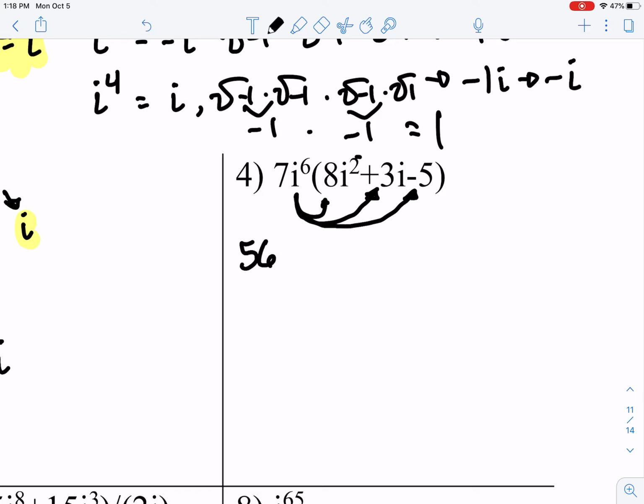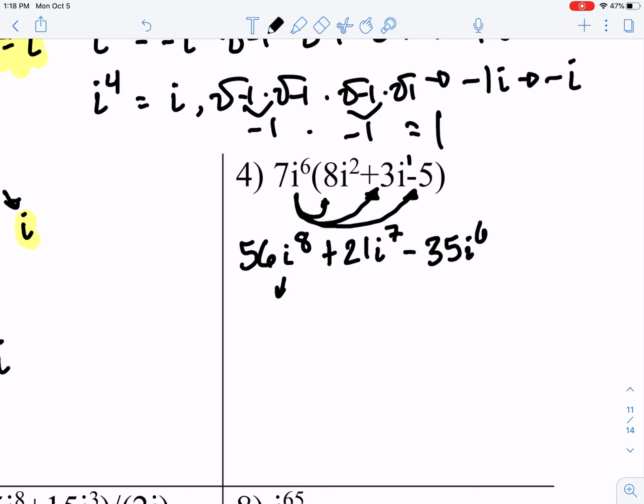I to the 6 times I squared. I have to remember properties of exponents. I to the 8th. 7 times 3 is 21. I to the 6th times I to the 1st. Multiplying properties of exponents tells me to add them. Minus 5 times 7 is 35. And then just I to the 6th.